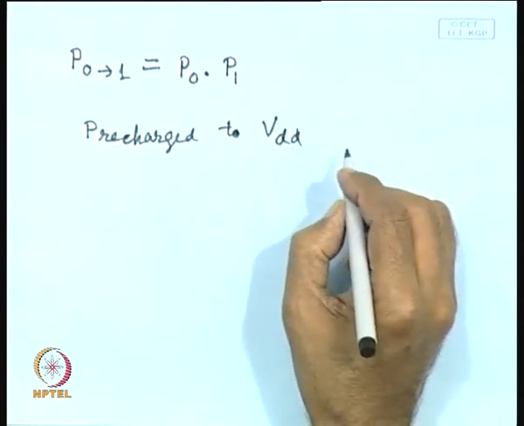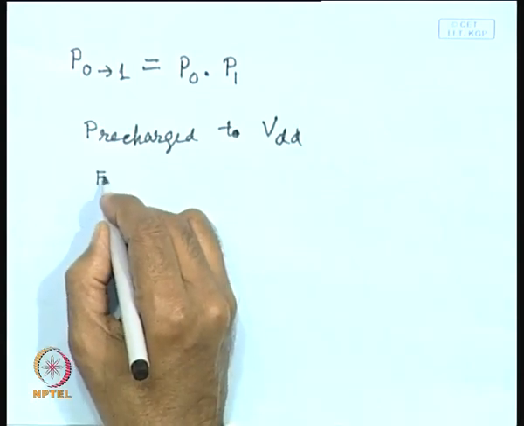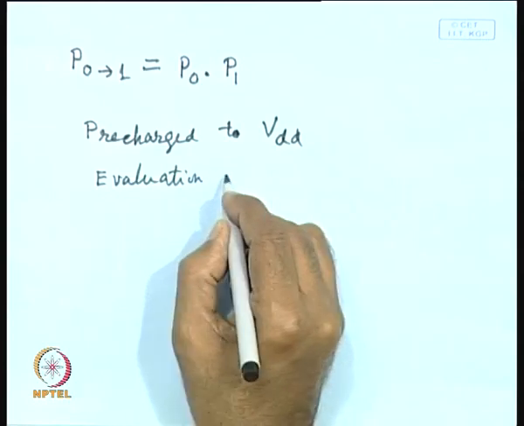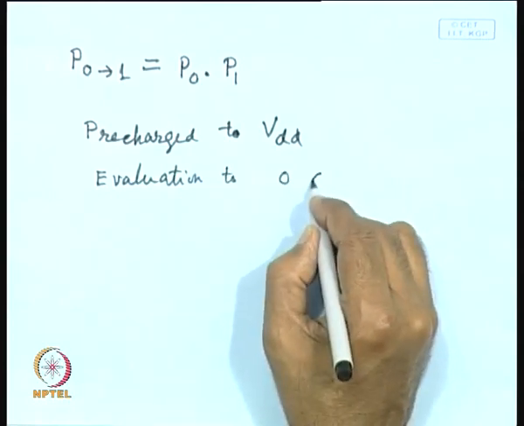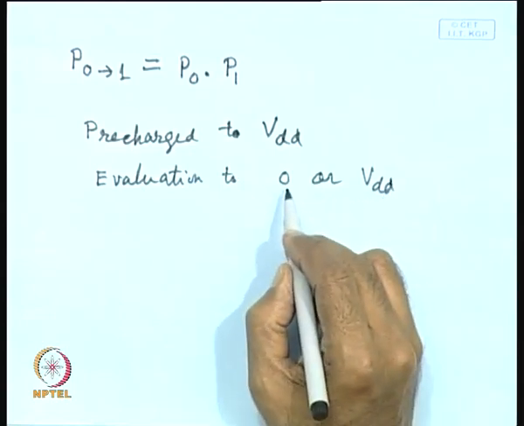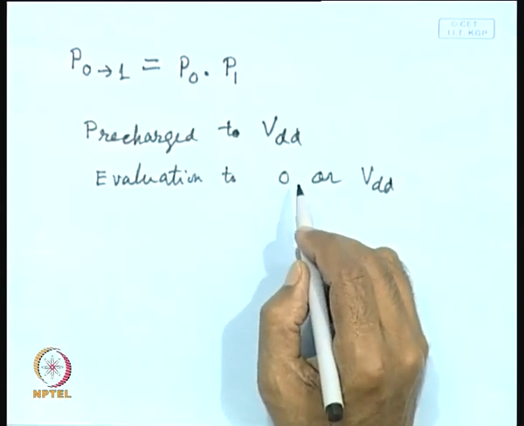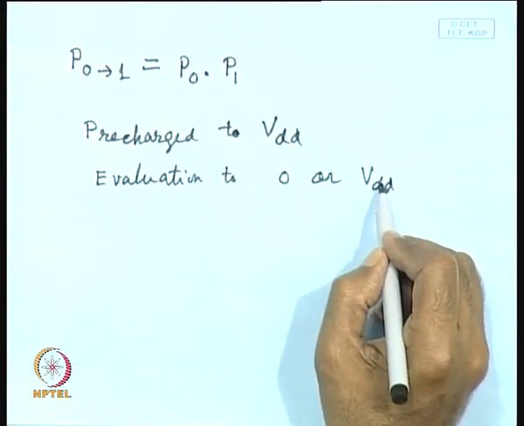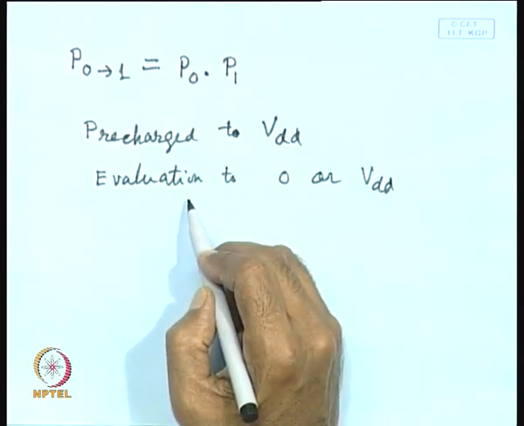Then, during the evaluation phase, it may discharge to 0 or remain at VDD. That means the output may make a transition from VDD to 0 or it may remain at VDD. So, this is how the dynamic CMOS circuit works.